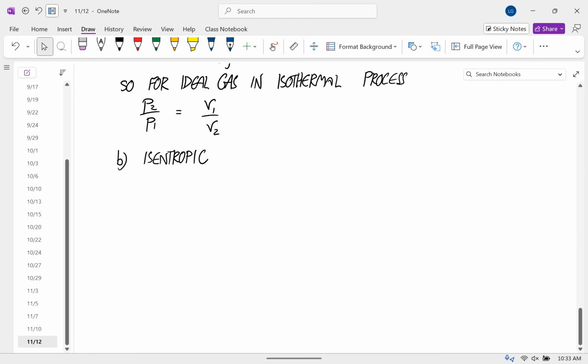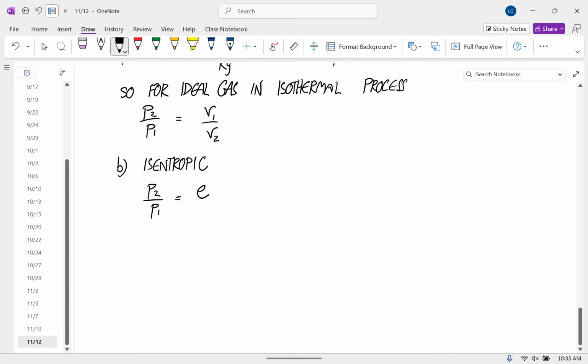So P2 over P1 is equal to, this was E to the power of Cp over R times the natural log of T2, divided by E to the power of Cv over R times the natural log of T1. This should have been a Cp also.